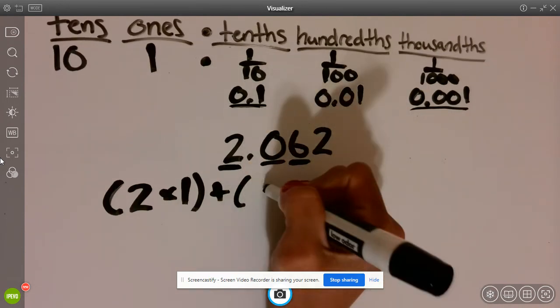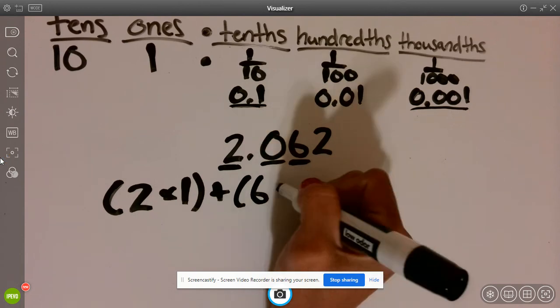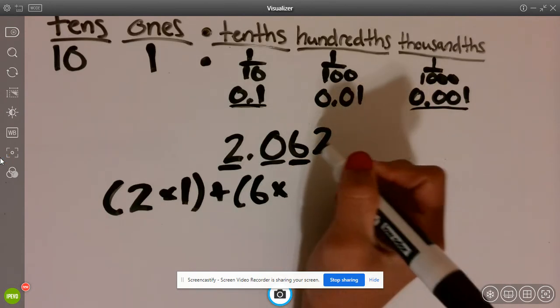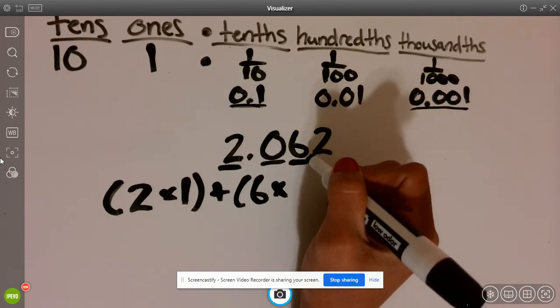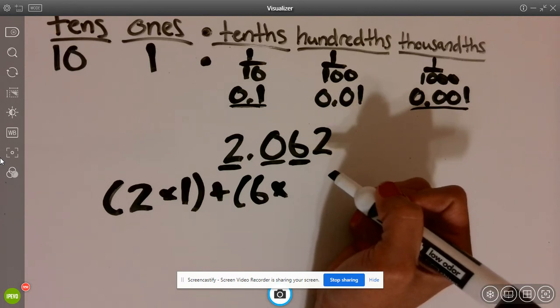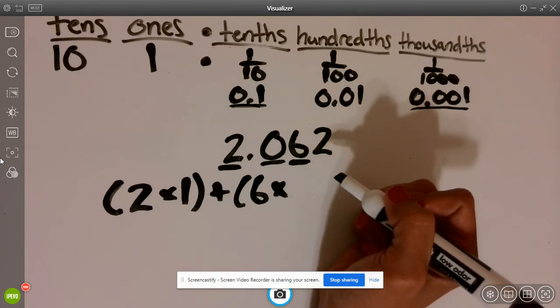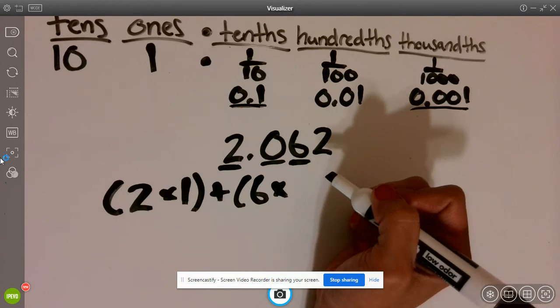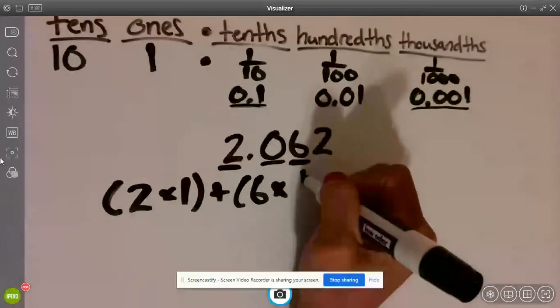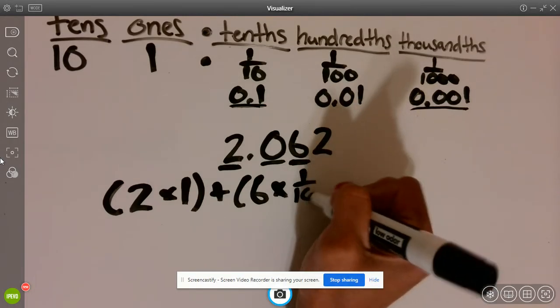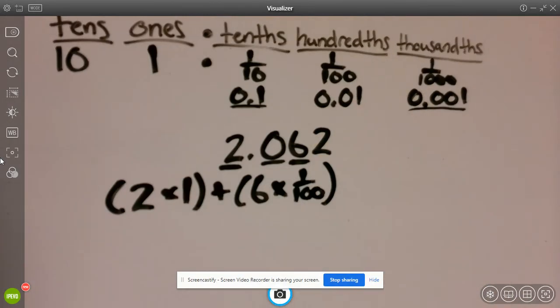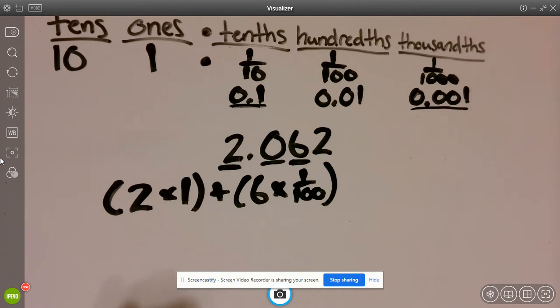So in parentheses, I am going to put 6 times what place value is the 6 in? The hundredths place value. So if I'm writing this number using fractions, I'm going to put 1 over 100.